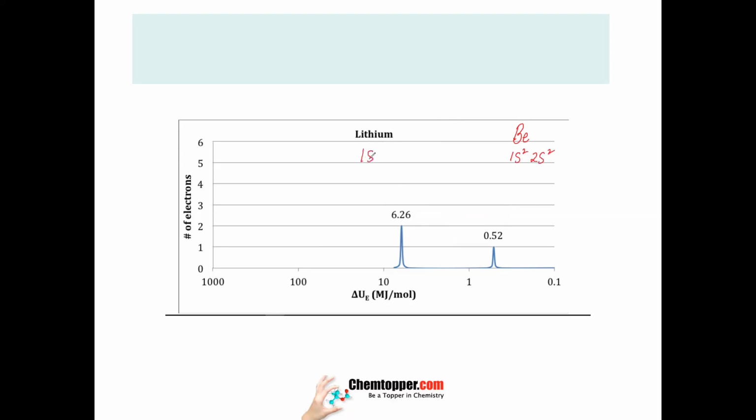Lithium is 1s2, 2s1. What's the nuclear charge on lithium? +3. What's the nuclear charge on beryllium? +4. How will the signal go?